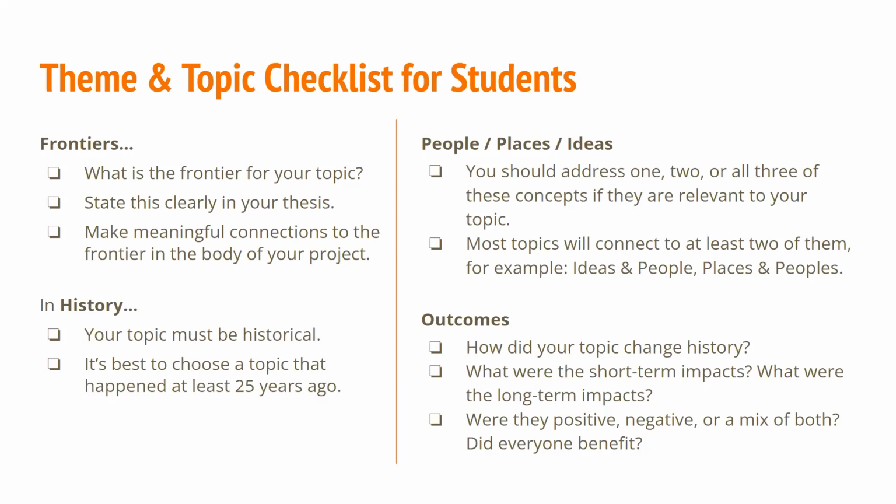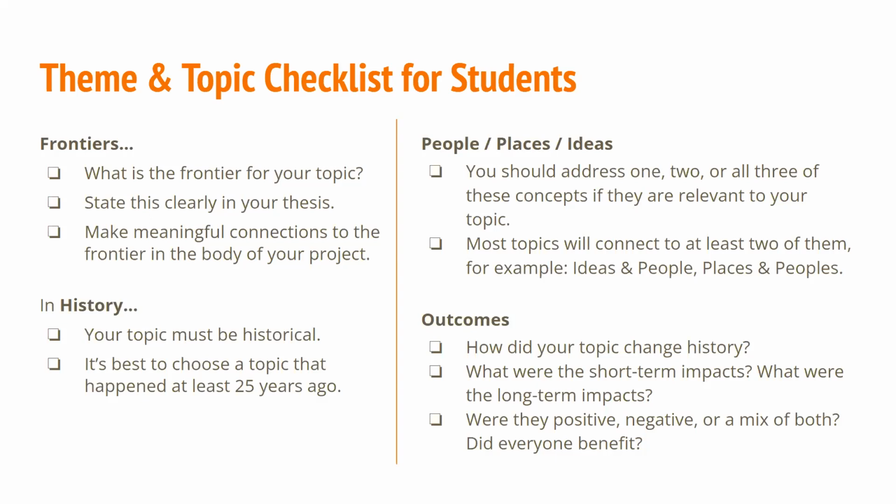There are three theme ideas that go with frontiers: people, places, and ideas. They do not need to feel pressed to address all three of those things, but they should address all of the things that are relevant to their topic.